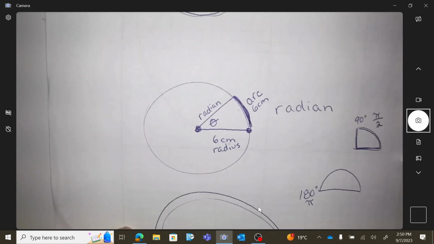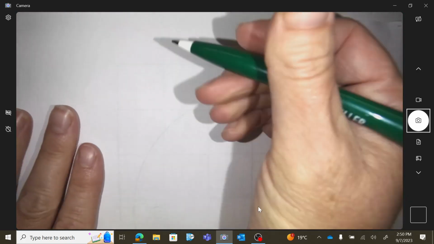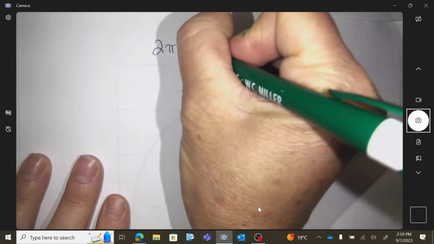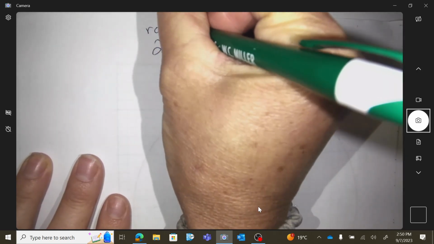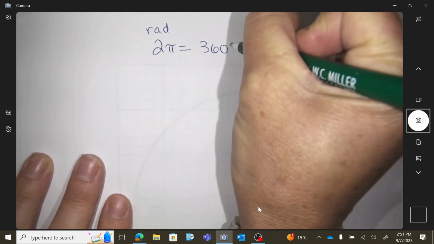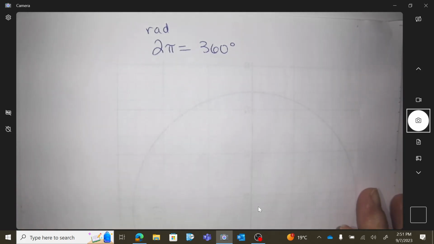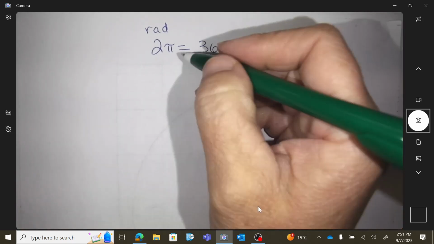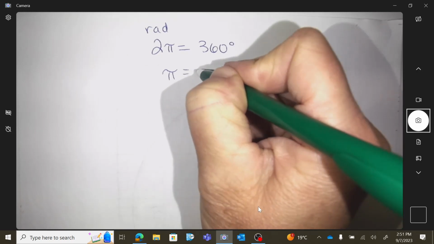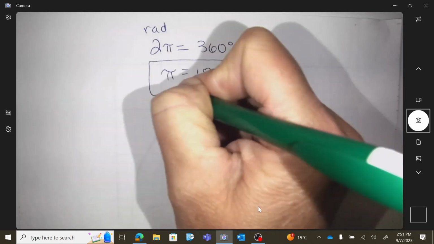Now, let's talk about some things, and then I'll get you to do the unit circle. Okay, so the major thing was that we first learned that 2 pi in radians equals 360 degrees. That's where it all originates from, but here's what we're going to use.